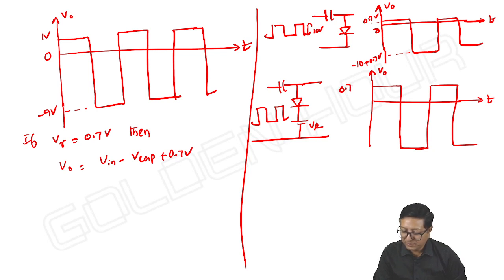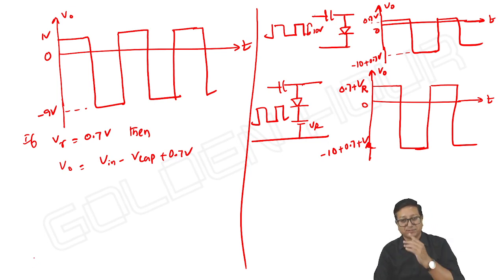It is 0.7 plus VR. It is like minus 10 plus 0.7 plus VR, if input has a peak to peak amplitude of 10.